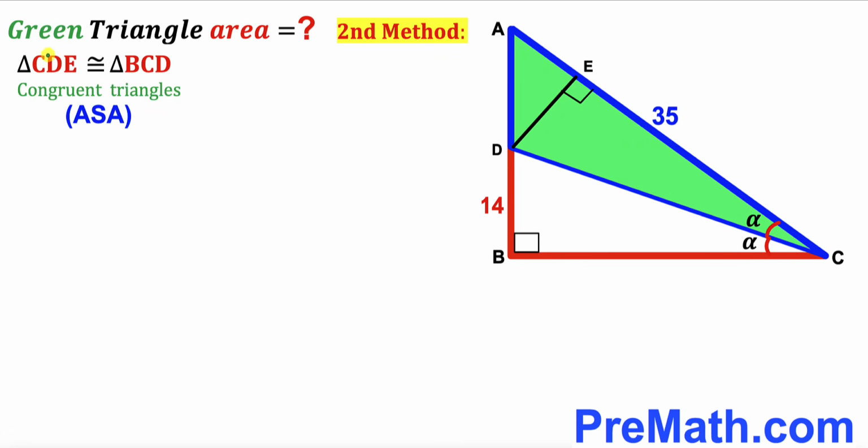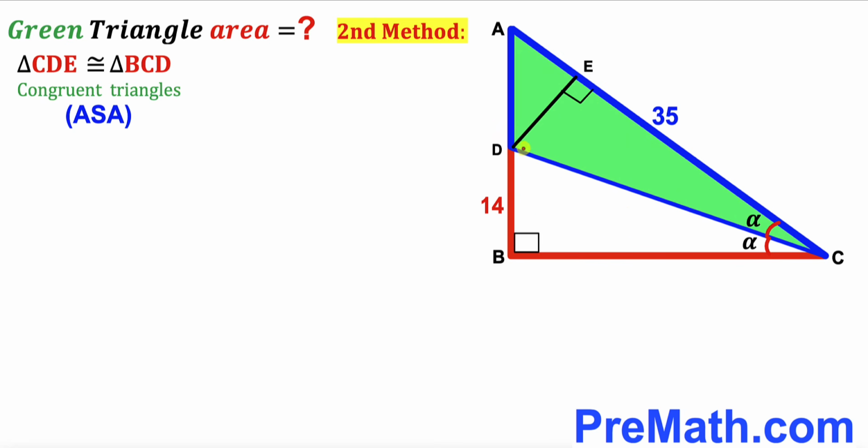So we conclude that this right triangle CDE is congruent to this other right triangle BCD according to the angle-side-angle congruency theorem. Here's our right triangle CDE, and this is our right triangle BCD.